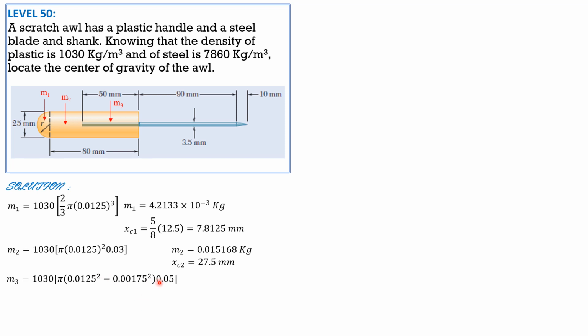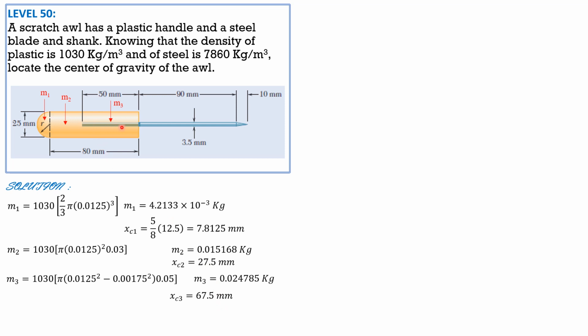Then squared times the length 0.05 or 50 mm, 0.05 meter. So M3 is 0.024785 kilogram. By the way, XC3 is 12.5 plus 30, 42.5, 42.5 plus half of 50, 25, 67.5. XC3 is 67.5 mm.